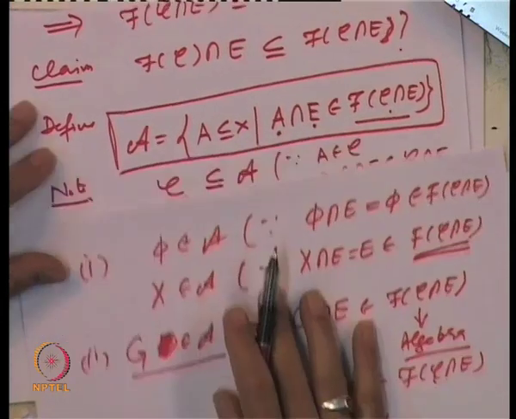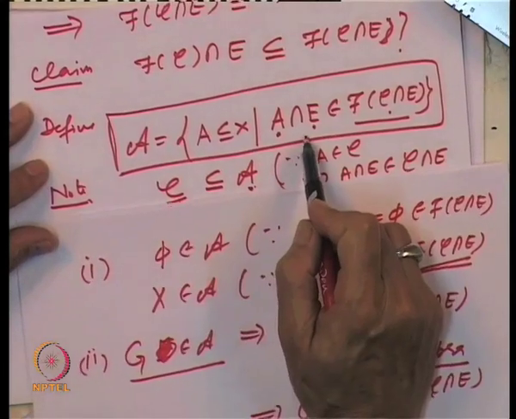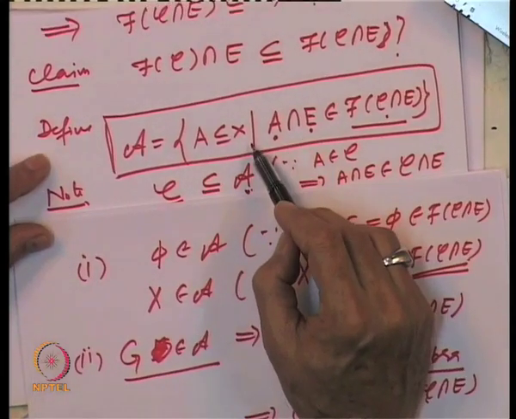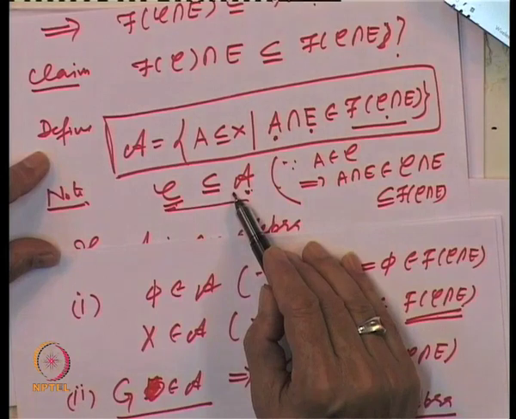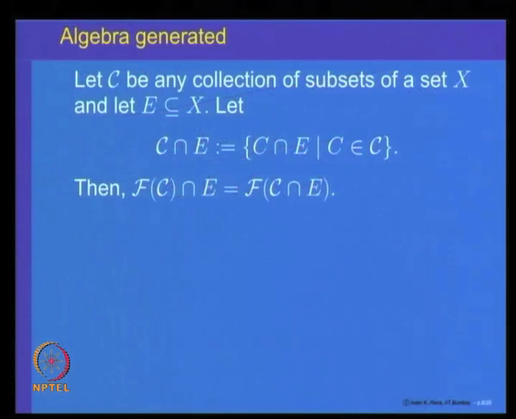So, the collection A of subsets of X is an algebra, includes C. So, that must include f of C, and that proves the theorem that the algebra generated by a collection C, that is f of C, when restricted to the set E, is same as first restricting the collection by which you are generating and then generating.